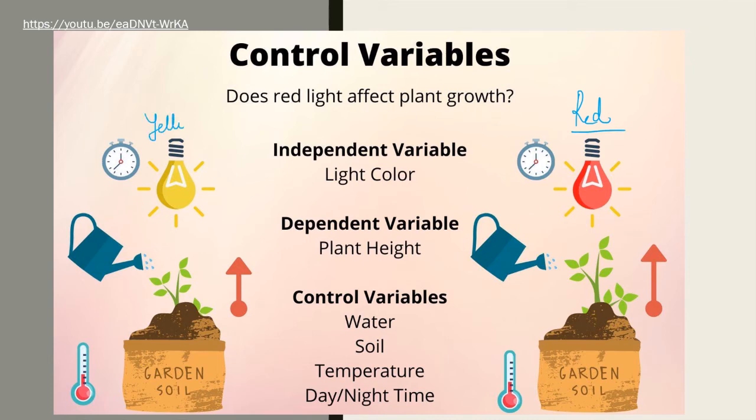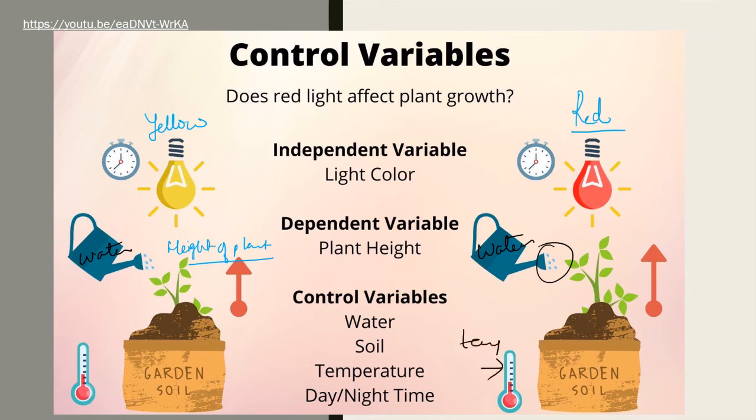So in this case, there will be other variables which will be kept in control. The water will be the same. The water that will be given to both the plants will be the same. They will be exposed to the same day and night temperature. The soil of the plants will be the same. The temperature to which they are exposed should also be the same. Okay, so these will be the controlled variables.